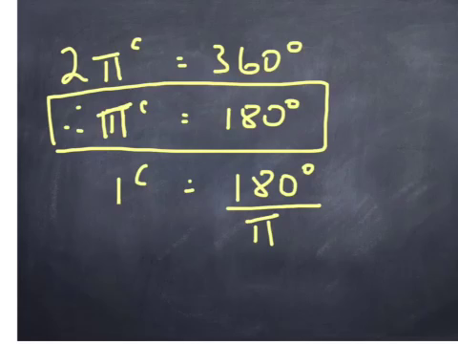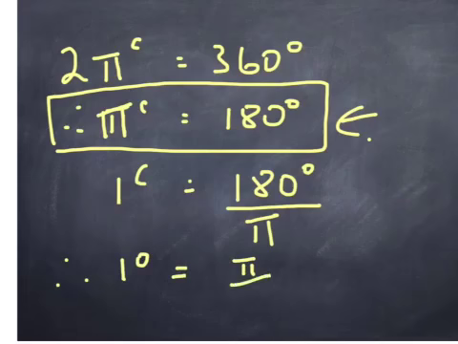Okay, and the other important fact is if I want to go the other way, I can divide both sides by 180 and get this. 1 degree is equal to pi divided by 180.